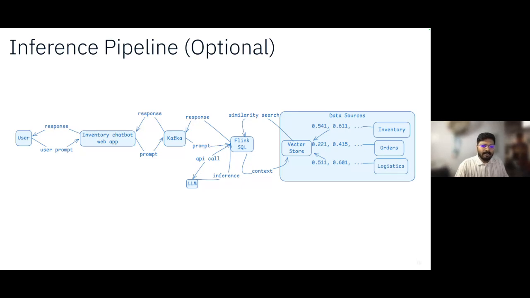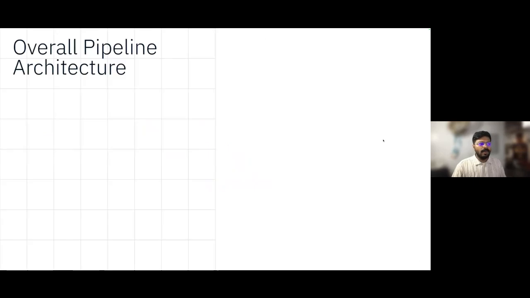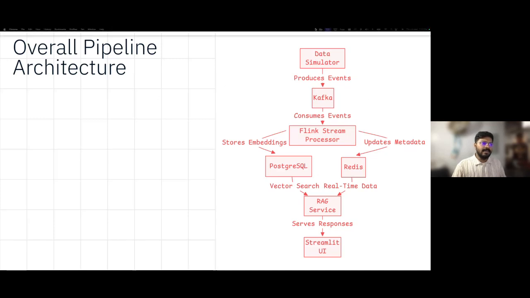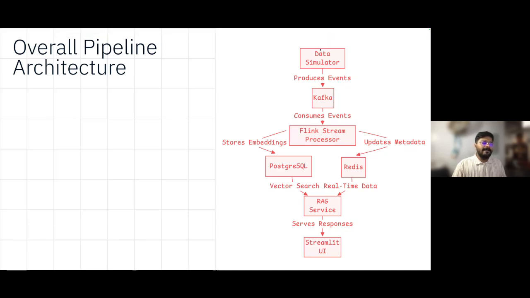In the demo, I will be talking more about the application of this using an inventory management system. That's why I have provided 3 different sources: inventory, orders, and logistics. Okay, coming to the demo. I would like to explain the overall demo architecture, where we started off with data simulation.